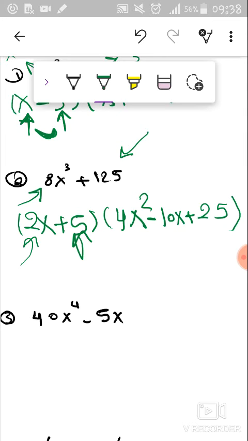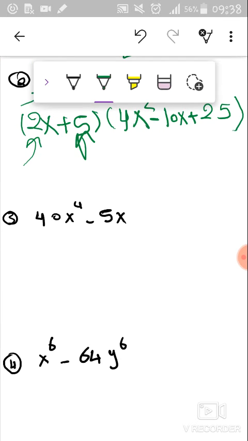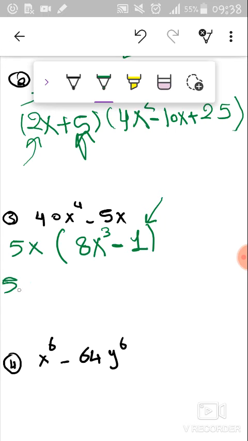Okay, next. Here we have the terms of this expression. It is arranged x to the power 4 then x, so we factor out the highest common factor, which is 5x. The result will be 8x to the power 3 minus 1. This bracket will be factorized one more time, so 5x as it is, and we open two brackets, one big and the other small.